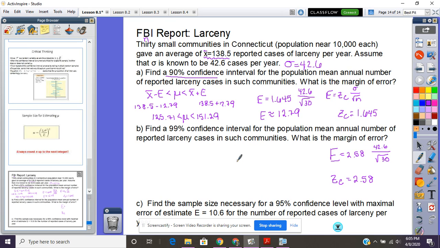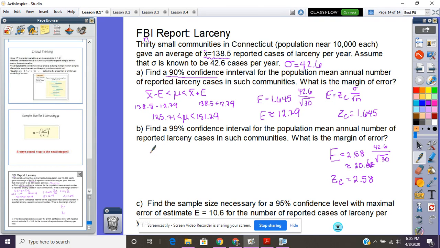All right, that makes our margin of error about 20.07. We could say 20.1, that might actually be a little bit nicer.